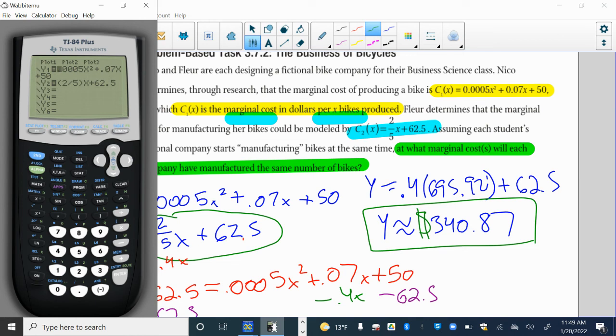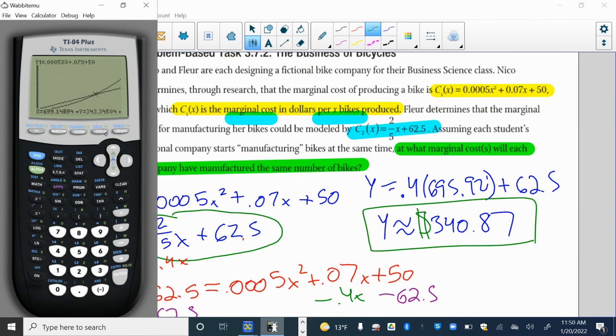If you had just hit like zoom 6, you're going to get a negative 10 to 10 window, and you're not going to get anywhere near your solution. So after messing around with the window for a little bit, I created this graph where we have our parabola right here, slowly going up, and our line going through here. And you can scroll around on there and try to see where that intersection is.